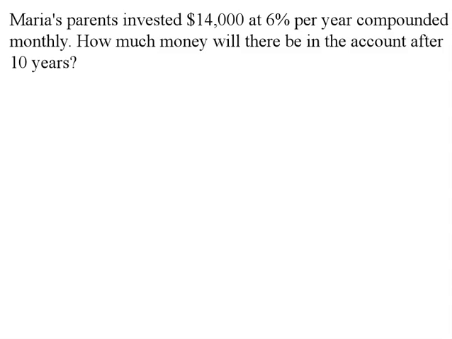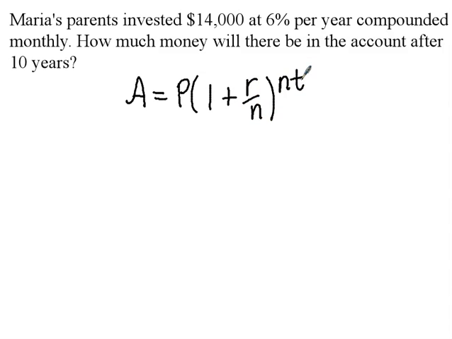So let's go ahead and write down our formula. A equals principal times 1 plus R over N, to the NT. A is my final amount. That's what I'm trying to find. What's my principal? 14,000. What's my rate? 0.06.